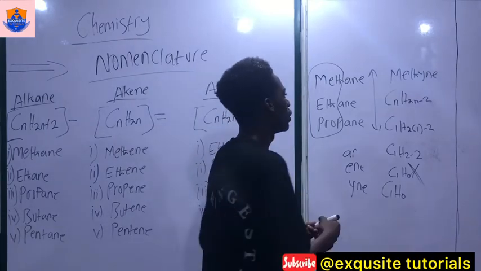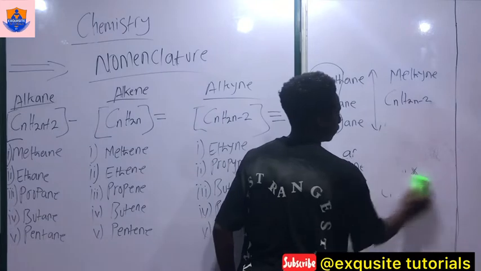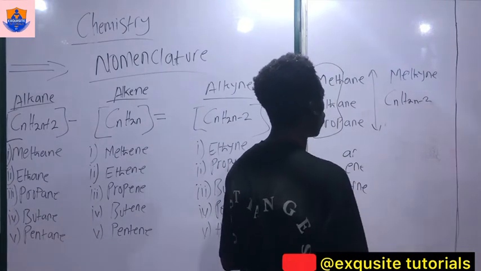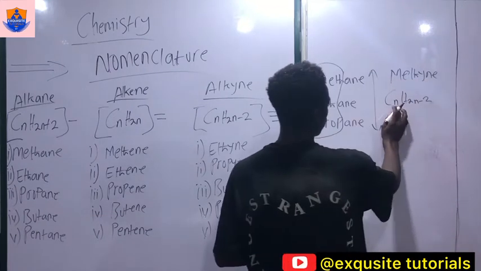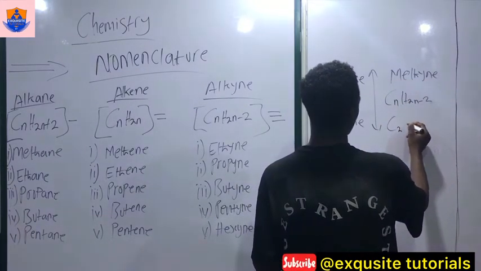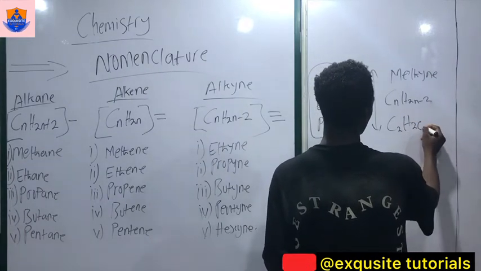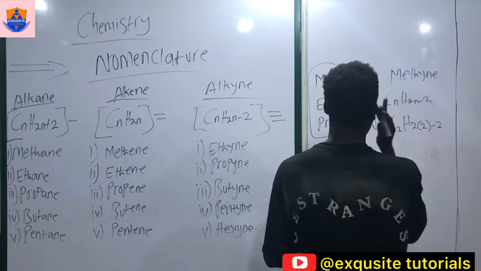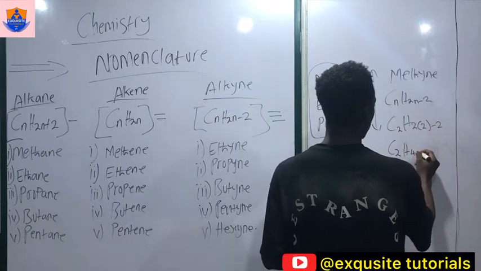Alright, so it will only work for ethane. So for ethane, let's follow the formula. We have C2H2 into 2 minus 2. So we have C2H 2 times 2, 4, minus 2.